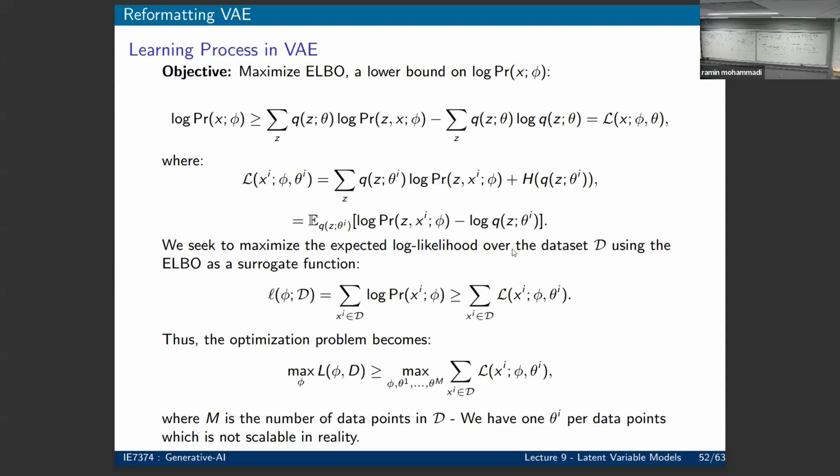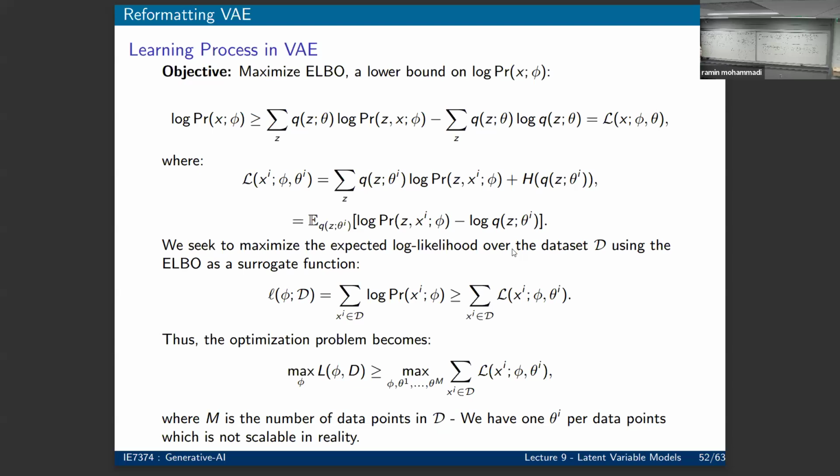So if you have m data points that you want to encode and decode, you have technically one theta per data point, and theta is high dimensional. For this image, you have one theta, for this image, you have one, and so on. But for the decoder part, it's not like that. You only have one model, one neural network that does the decoding for you.